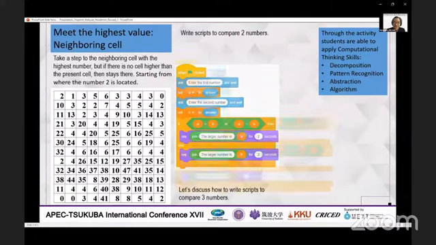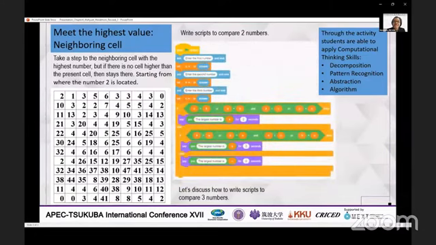Next, they use the idea they learned from the previous task. They have to think about comparing 3 numbers. And if the teacher leads them further, they can consider whether it is possible to compare more numbers and so on.